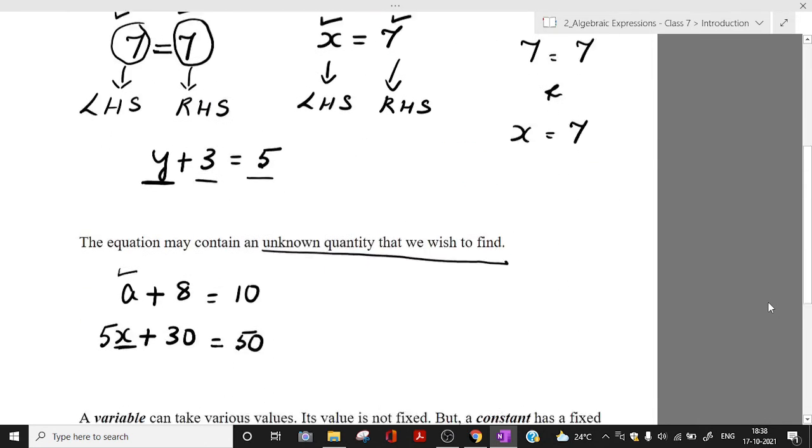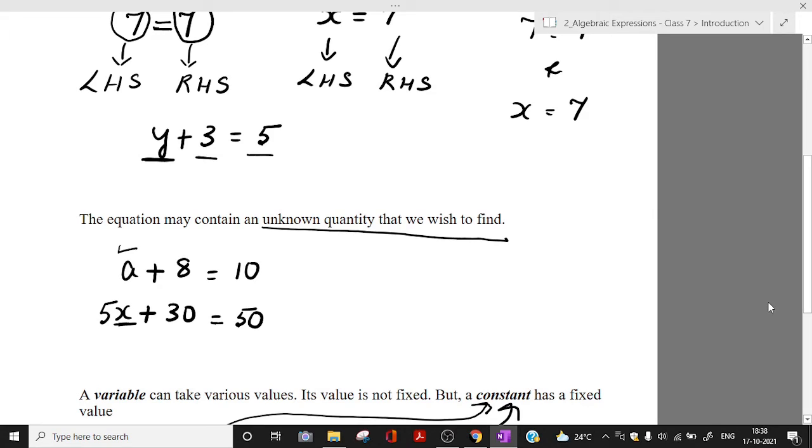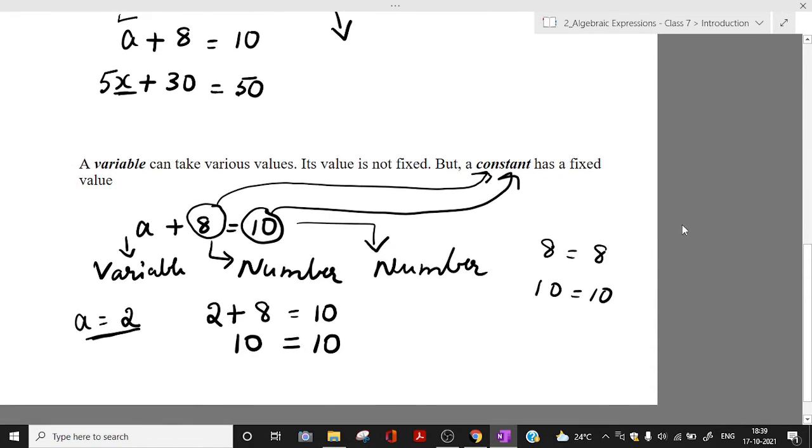Moving ahead, we also saw that the equation may contain an unknown quantity that we wish to find. Usually this unknown quantity will always be expressed in terms of letters. Okay, it will be in terms of letters A, B, C, D up to Z. And we also have constants. So a variable can take various values.